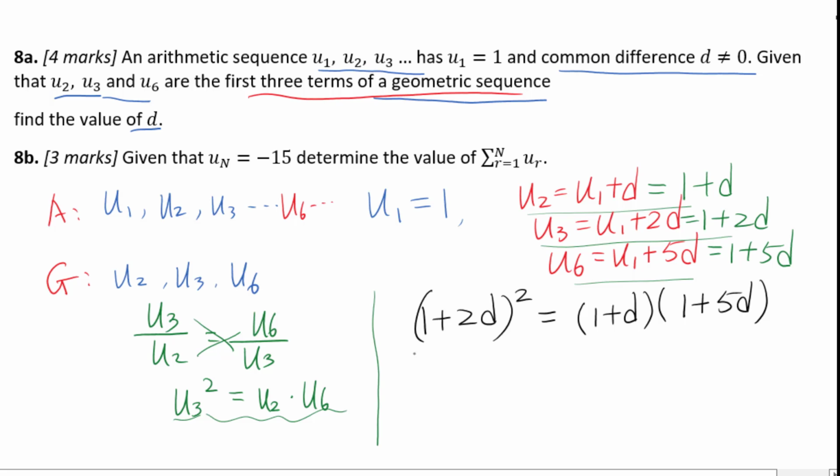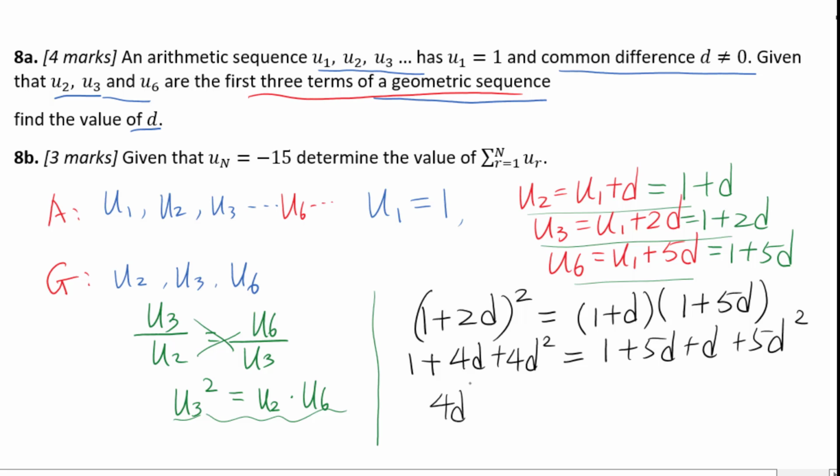Then we expand: 1 plus 4D plus 4D squared equals 1 plus 5D plus D plus 5D squared. Combine like terms: 4D squared plus 4D plus 1 equals 5D squared plus 6D plus 1.